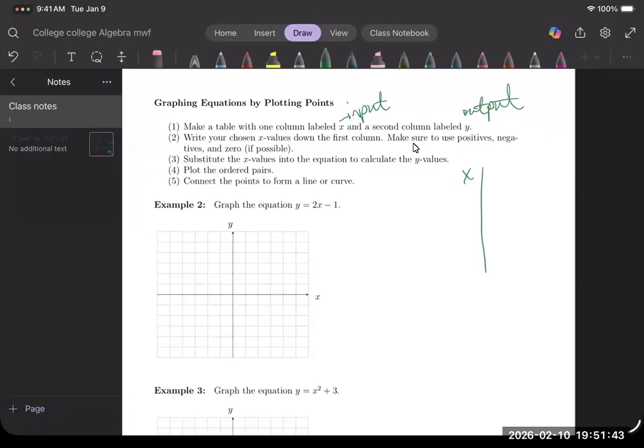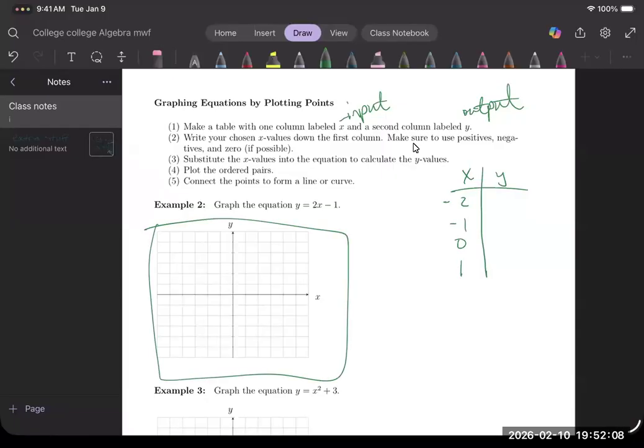Write your chosen x values down in the first column. Make sure to use positives, negatives, and 0 if possible. I generally go -2, -1, 0, 1, and maybe a 2 if I need it. You can go crazy if you want, but I don't, especially because generally your given graph is not very big.